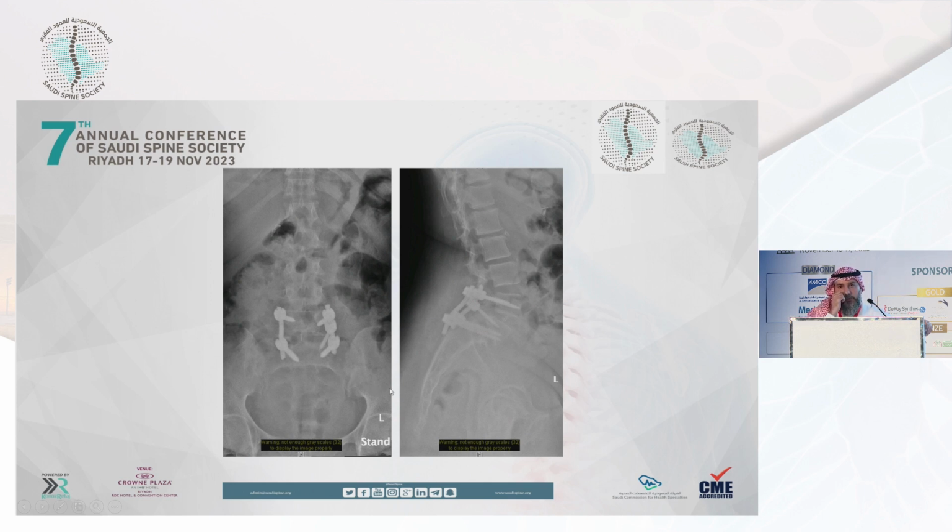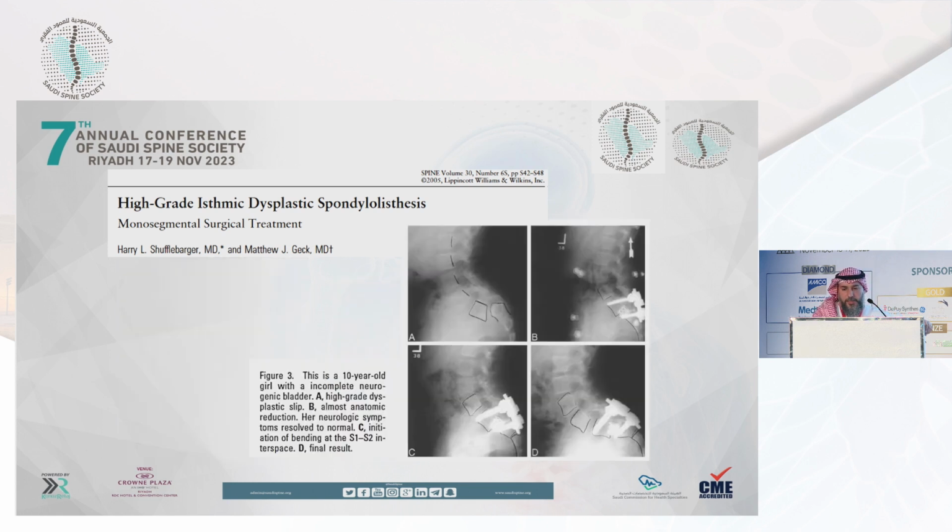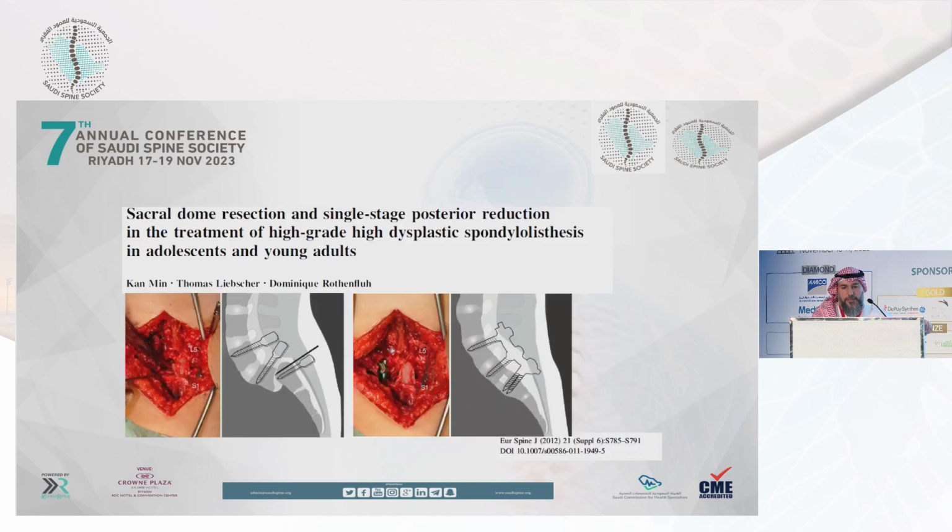That is a good question. It could be considered, and should be theoretically and practically considered, to avoid distal junctional failure. Again, for high grade, there is a study that showed that if you are doing only a single level without pelvic fixation, there is a high failure rate and subsidence, and the authors would suggest including the pelvis. So going to the pelvis will help you avoid the failure.